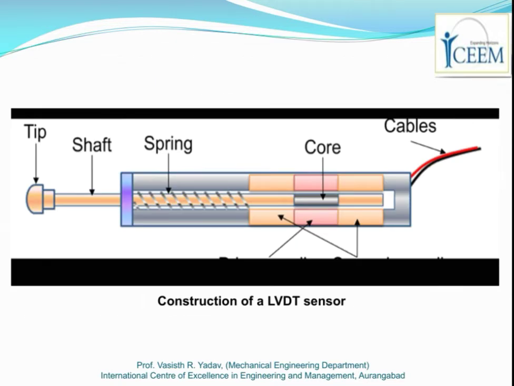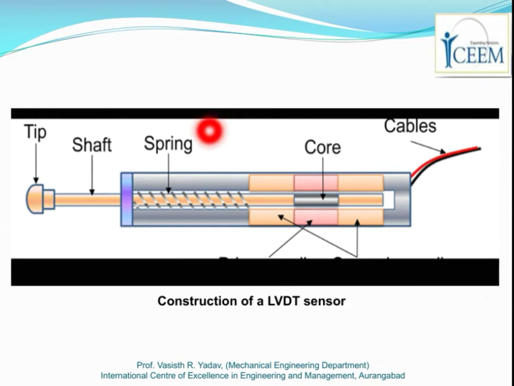The figure shows that we have an LVDT. It has 3 coils systematically spaced along an insulated tube.